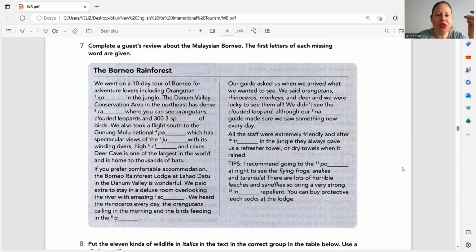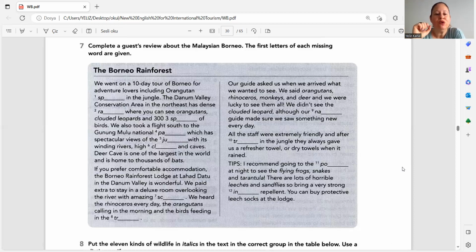Jungle, right? Which has spectacular views of the jungle with its winding rivers, high CL, cliffs, right, cliffs and caves. All right, we also took a flight south to the Gunung Mulu National Park, which has spectacular views of the jungle with its winding rivers, high cliffs and caves. Winding rivers arkadaşlar, böyle dönemeçli döne döne gider ya hani nehirler. O işte winding dediği o.